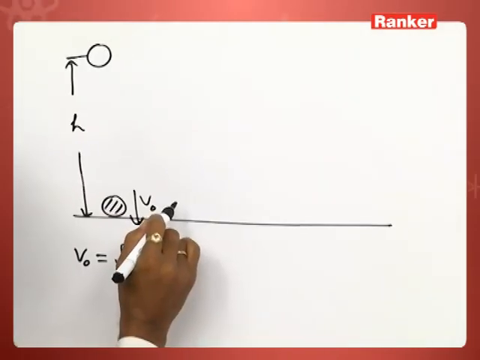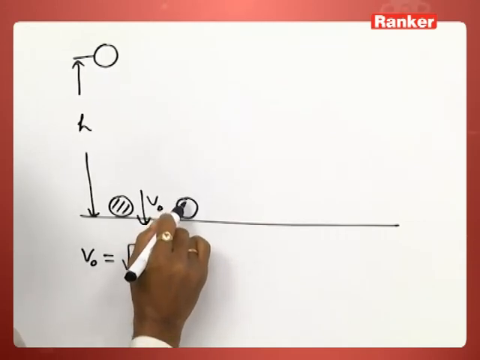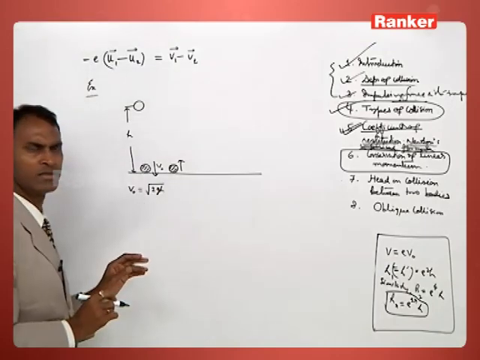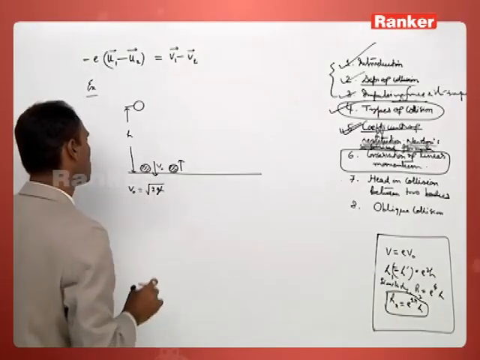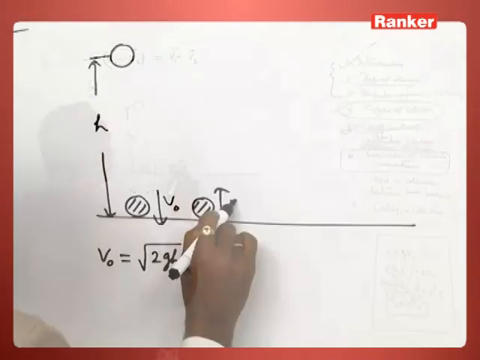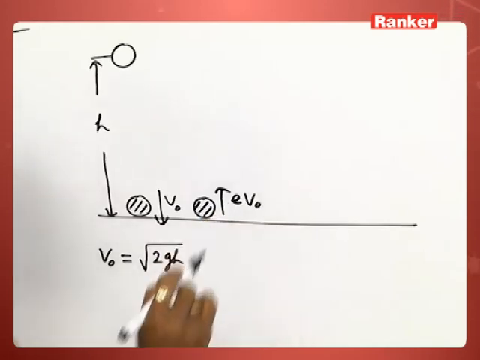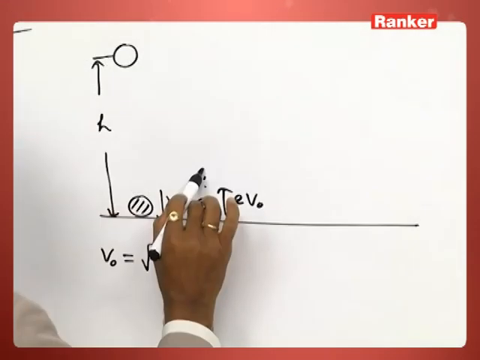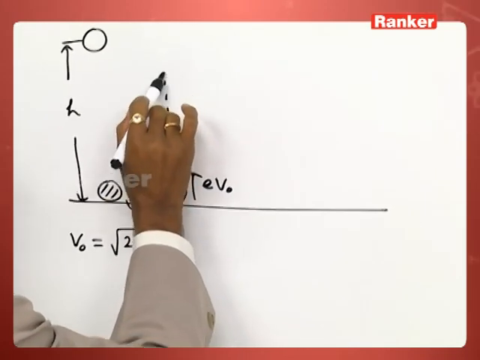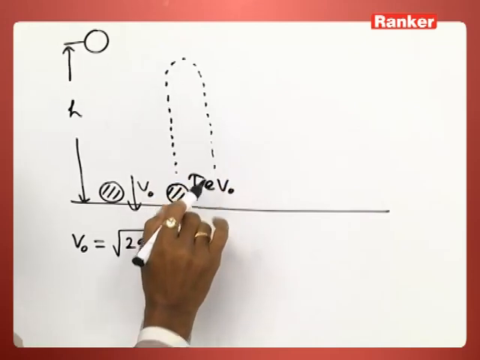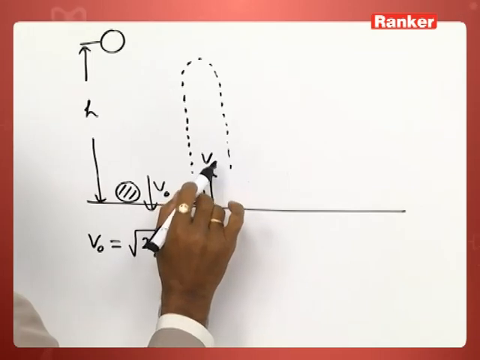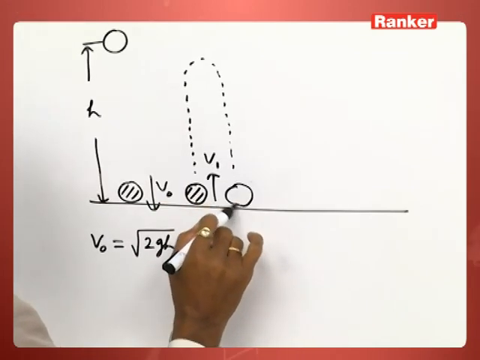Since the coefficient of restitution is E, the fraction of the relative velocity along the line of impact, that is the vertical direction, will be back, that is equal to E into V naught. With this velocity, it will go to a certain height and come back before experiencing the second impact.